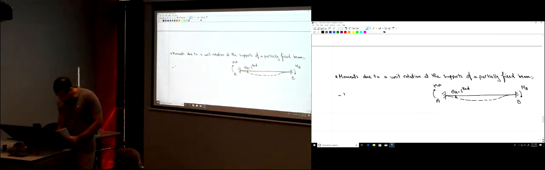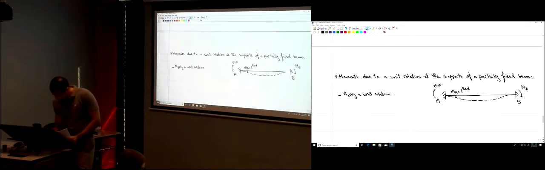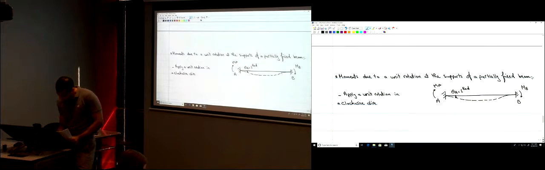So what I did here is I applied a unit rotation in a clockwise direction at point A.